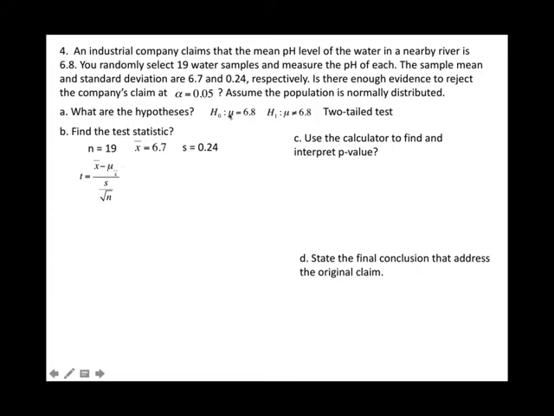Okay, use your calculator. You should get this one. You should see my test statistic is going to be negative.